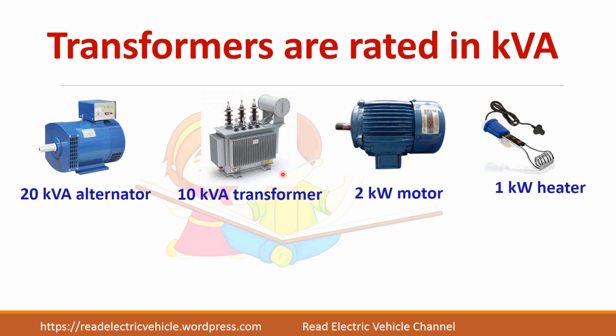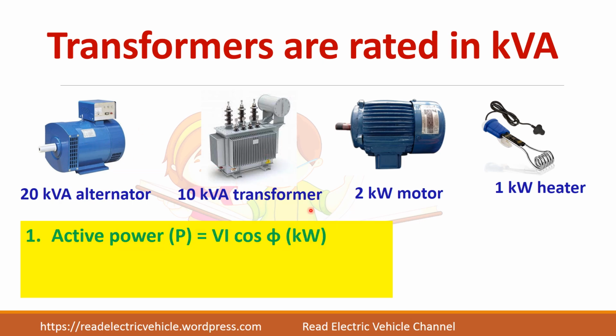So it depends upon what load you connect. The load is going to determine how much power it is going to draw from the transformer. So normally it will be given in kVA by the manufacturer, because they don't know what type of load will be connected to the transformer and alternators.